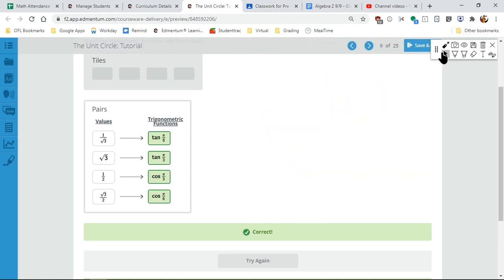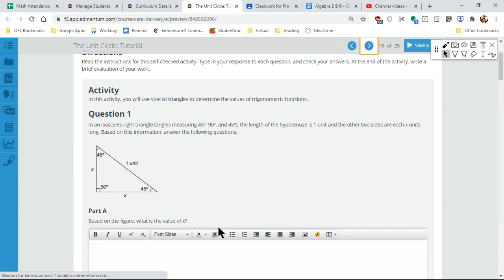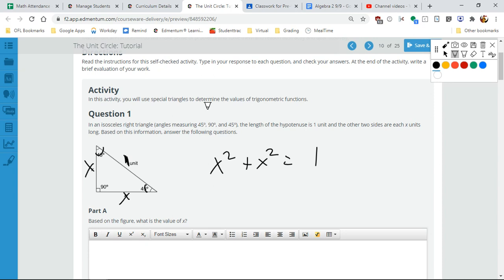All right, so moving on. Now we're going to be looking at a 45-45 degree triangle. This one I think is the easiest one to remember. If this is 45 and this is 45, that means this is x, this is x. And if we're talking about a unit circle, this is always 1. So then we have x squared plus x squared equals 1.